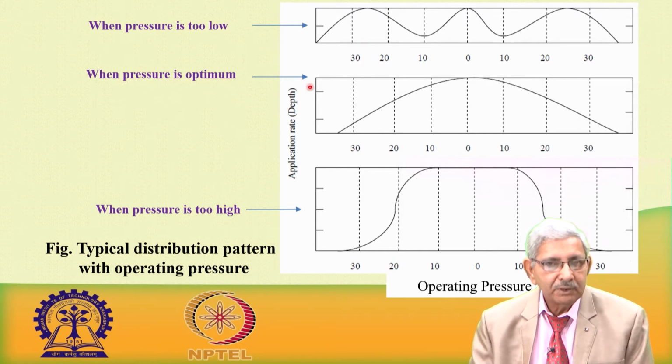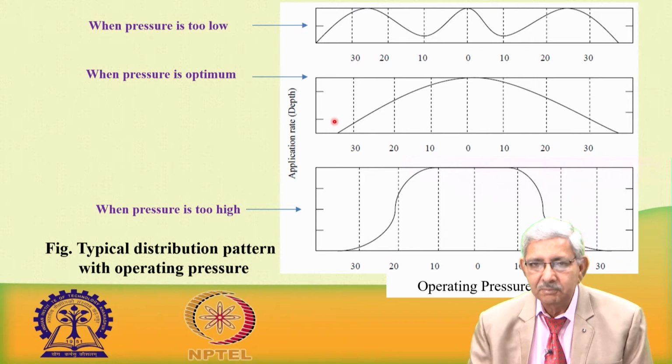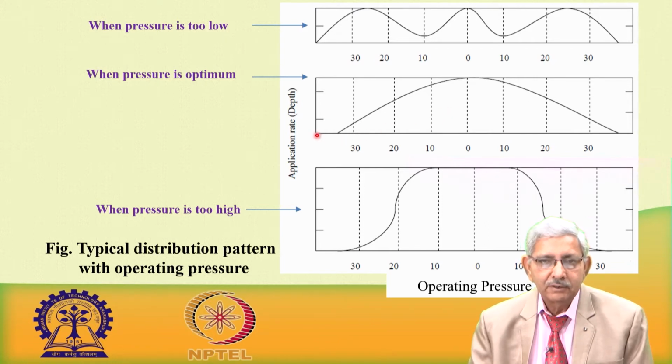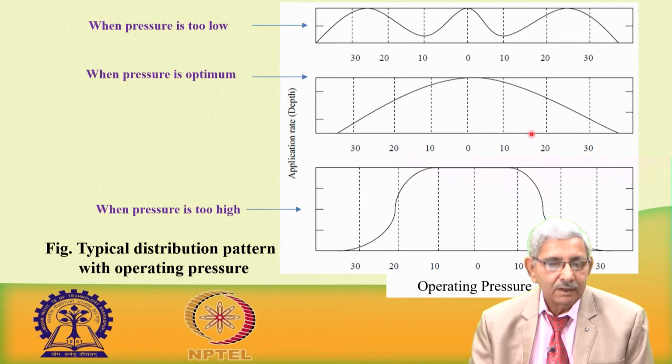When optimum pressure is given or ideal pressure is maintained, you will find this is a typical water distribution pattern from a sprinkler. The depth of water is more at the center where the sprinkler nozzle is, because the spreader nozzle distributes more water nearer to the sprinkler, and as we go farther from the sprinkler on either side, the depth of water is reducing.